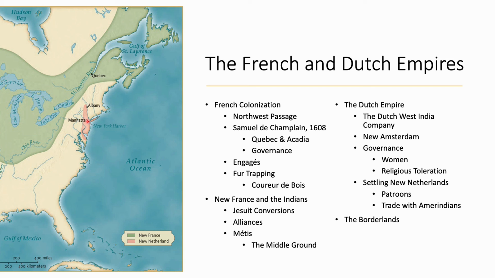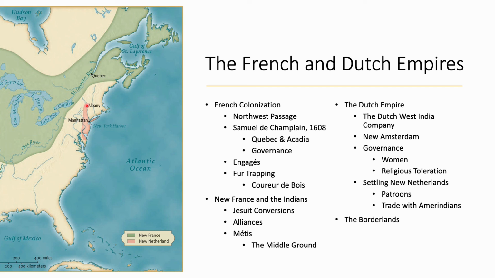So again, keep in mind that in all instances, whether it's the Spanish, the French, or the Dutch, especially in these frontier regions, in the areas where you have this blurred line between Native American and European territory, you essentially have this culture developing, this borderland region developing.